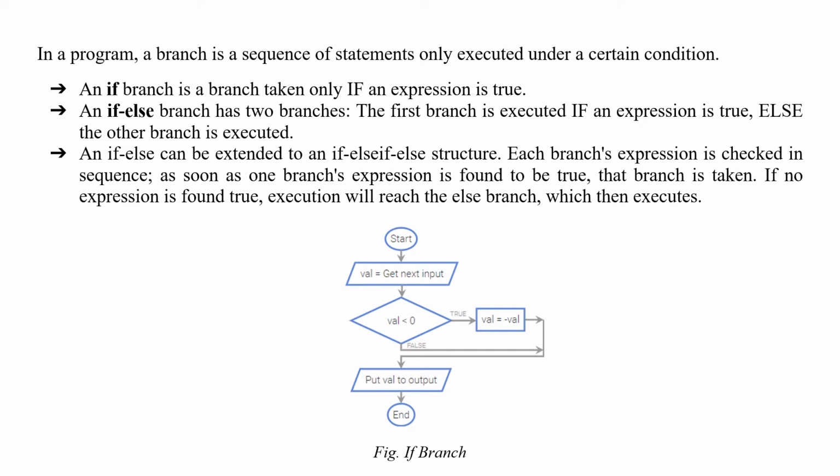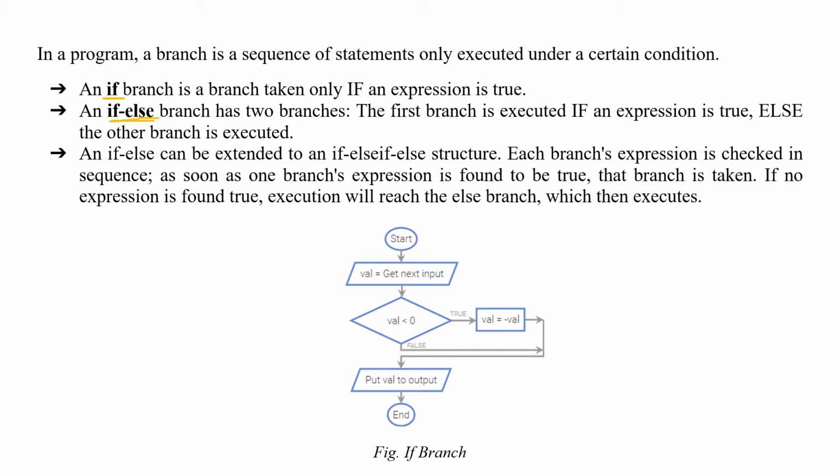So we are explaining the three branches here. The simple if branch just has one condition, and if that condition is true, it executes the set of statements. The if else branch has two conditions as seen.